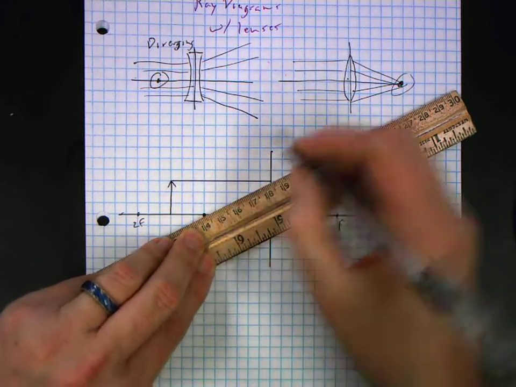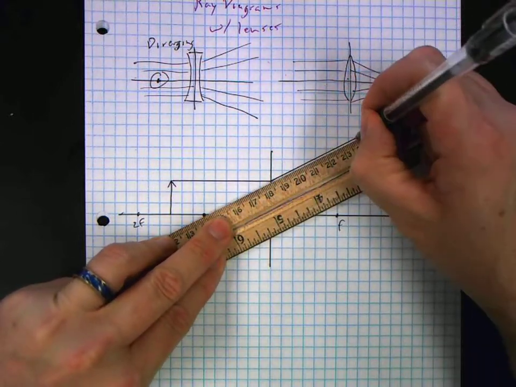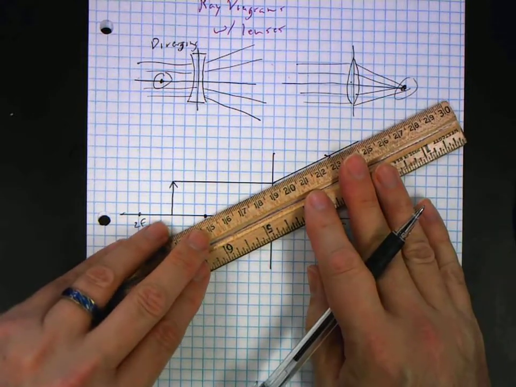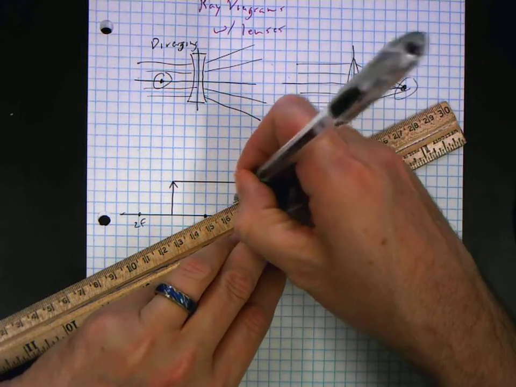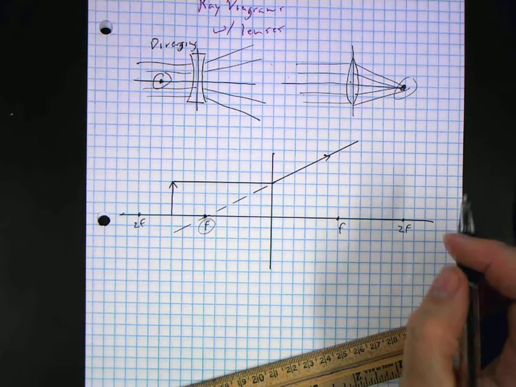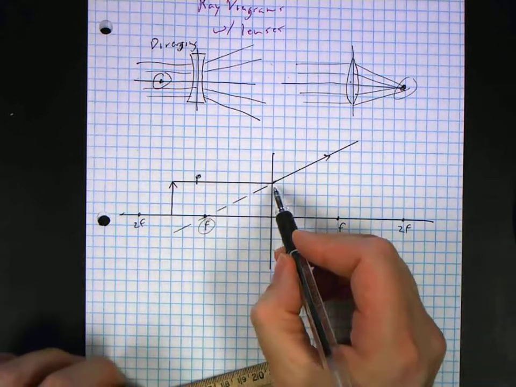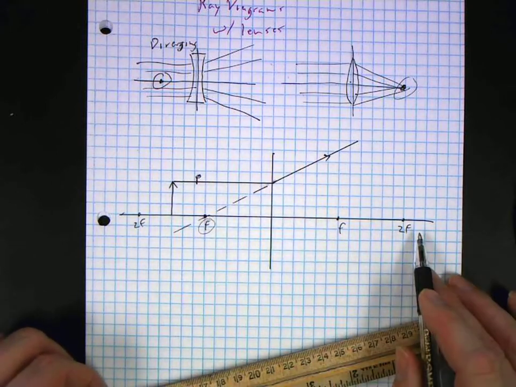So you line it up with the true focal point, which for the diverging lens was on this side, and it seems like it comes from out here. The light seems like it's coming from down here, so we put dotted lines in back here because that's where it looks like it's coming from. That is our P ray, the one that leaves the object parallel to the primary axis.